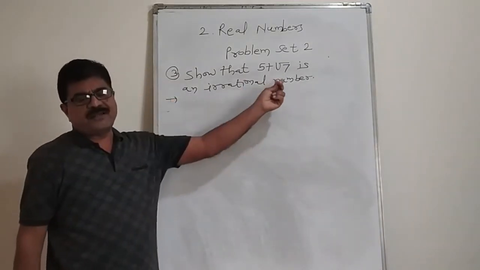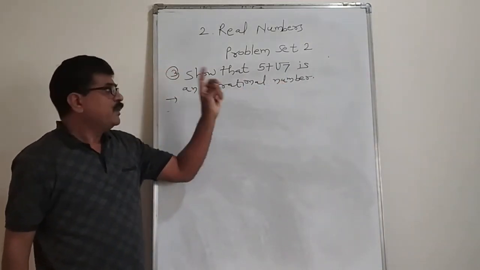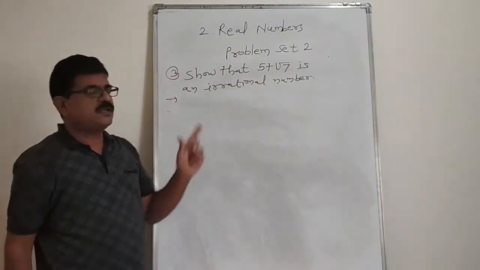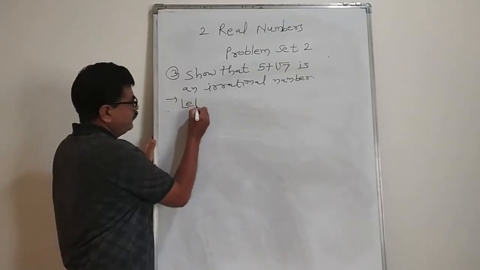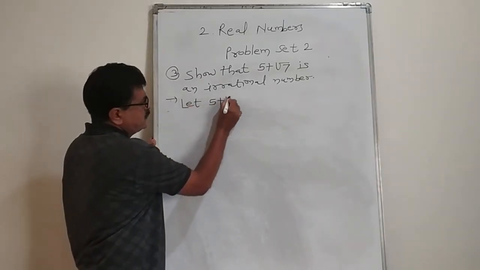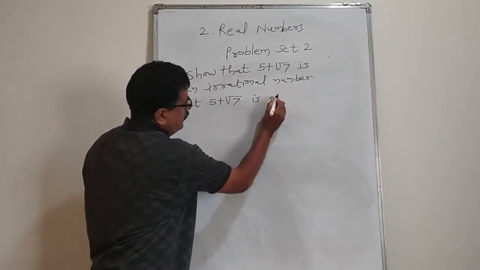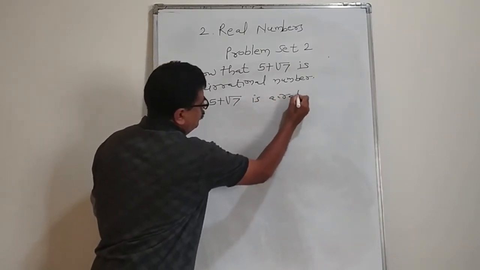Now we have to show that this is an irrational number. For this, first we consider this is a rational number. Let 5 plus square root 7 be a rational number.